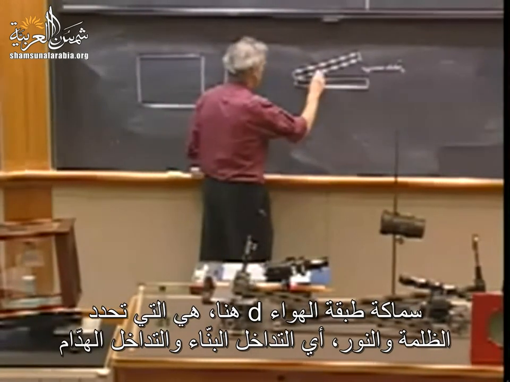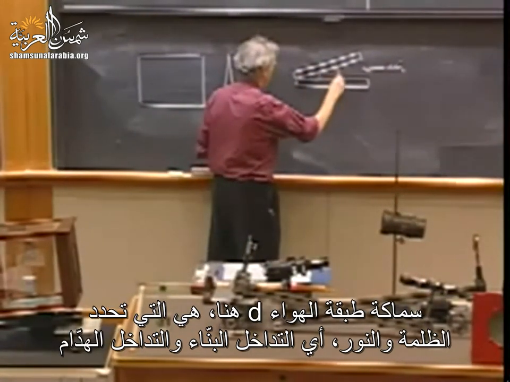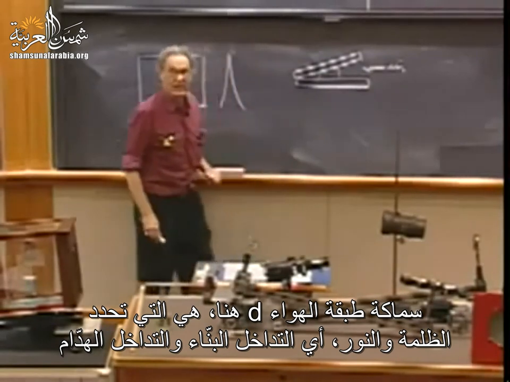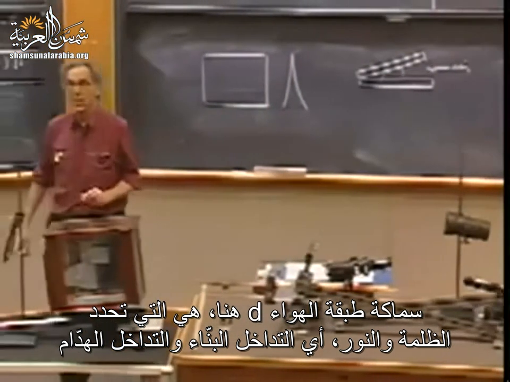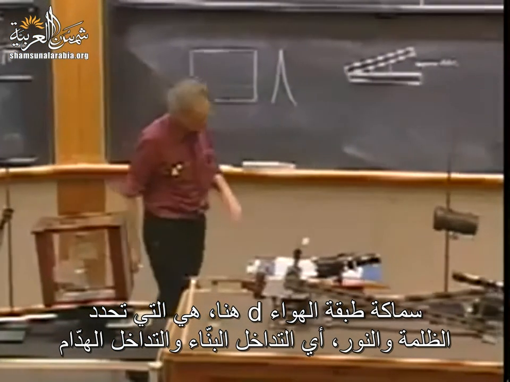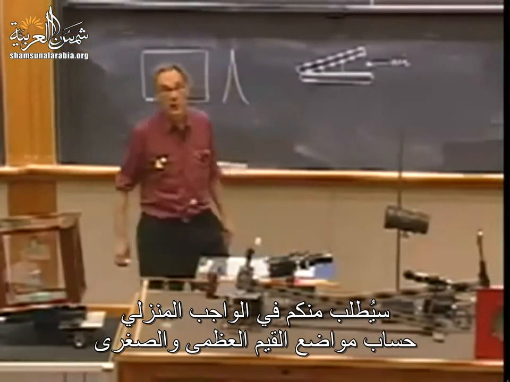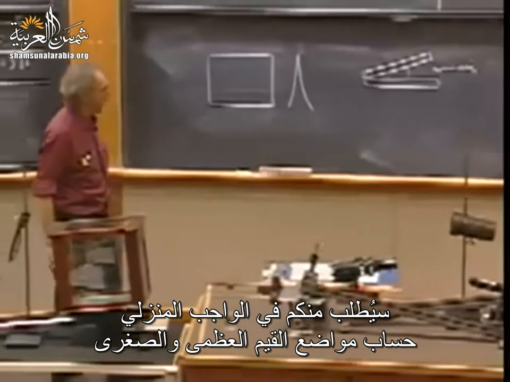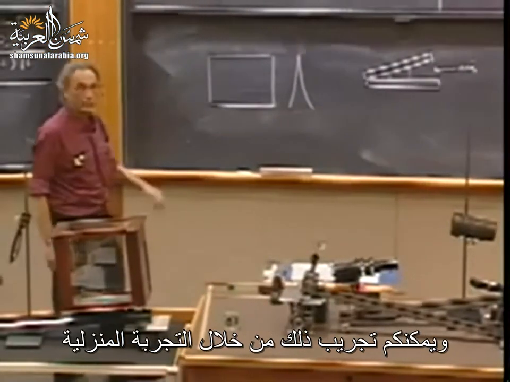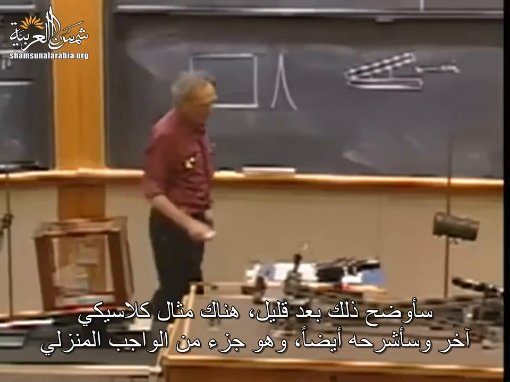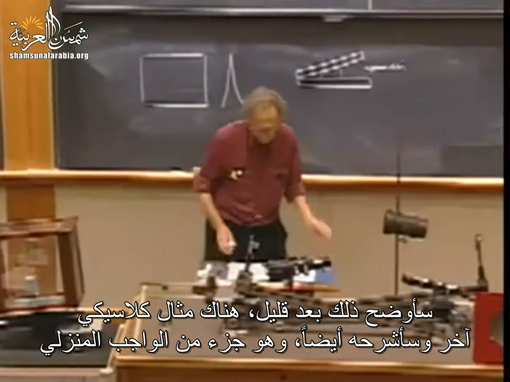And so it is this thickness D now of the air layer that determines the darkness and the brightness, destructive and the constructive interference. And you're being asked in your problem set to calculate where those maxima and minima are. And you can also do that then with the take-home experiment, and I will demonstrate it very shortly.